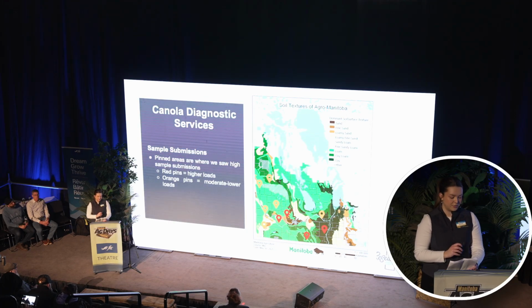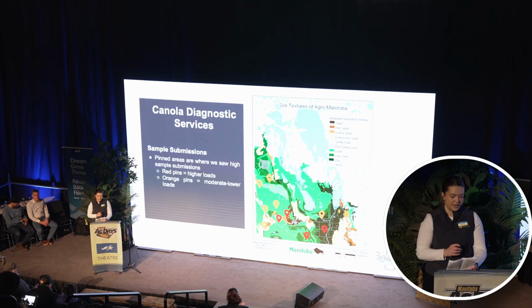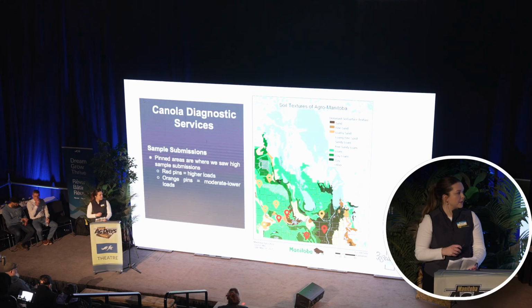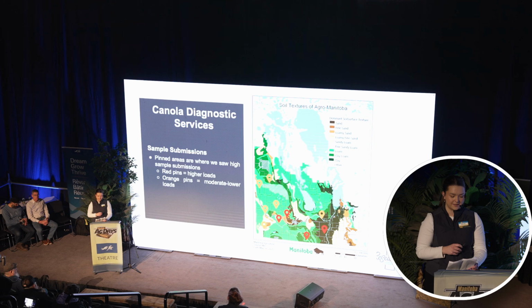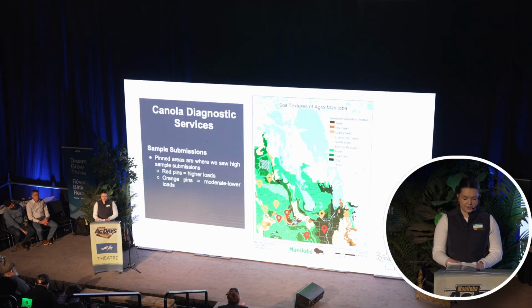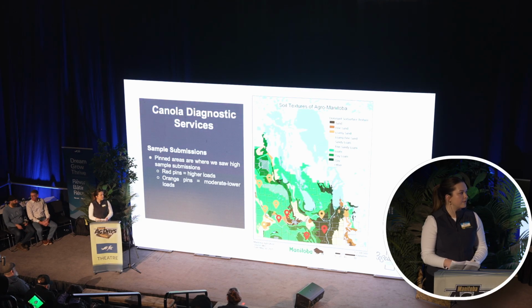Note that any samples that are sent in are going to be a worst case scenario where farmers are already clearly seeing disease symptoms. This isn't a broad survey by any means, but instead a voluntary service provided for farmers. These pinned areas were just the most common, and there are many RMs that are not represented on this map that still had verticillium loads present in 2025.